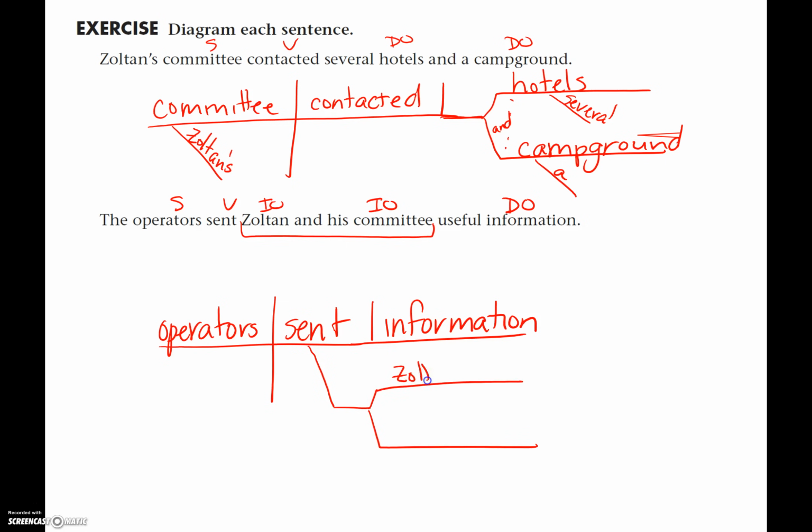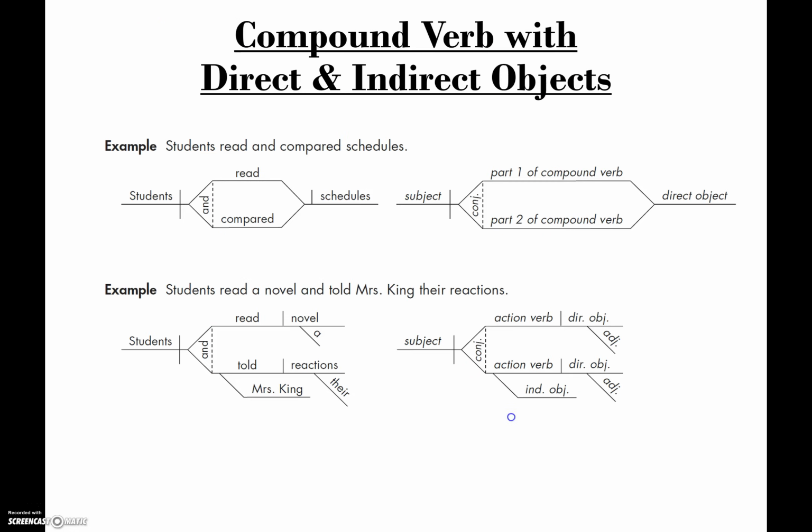The top is for Zoltan, the bottom is for committee, and then you would need to go through and add in all of your adjectives too. So you have your conjunction and on the dotted line, and the information is useful. So that goes there. Oh, we also have a his, so don't forget about that.